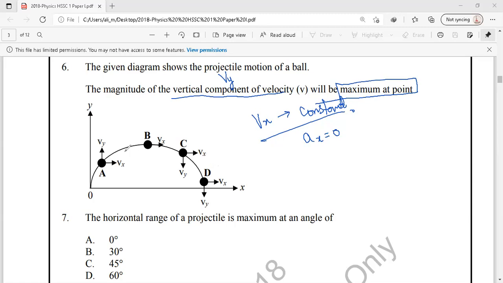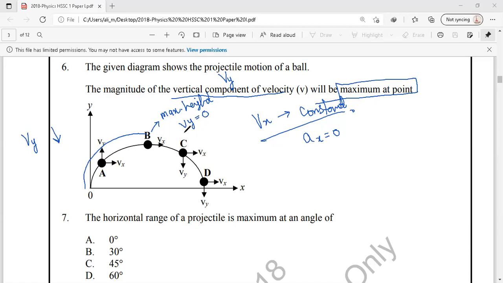So let's check the vertical component of the velocity. प्रोजेक्टाइल में यहाँ से इस मैक्सिमम हाइट तक पहुँचते हुए जो वेलोसिटी का वर्टिकल कंपोनेंट है वो डिक्रीज होता है. When it reaches the मैक्सिमम हाइट पे पहुंचकर वेलोसिटी का vy कंपोनेंट अगेन डिक्रीज होते हुए जीरो हो जाता है.